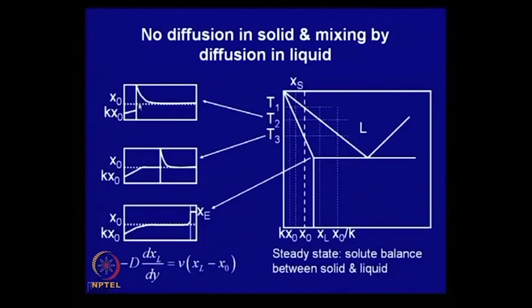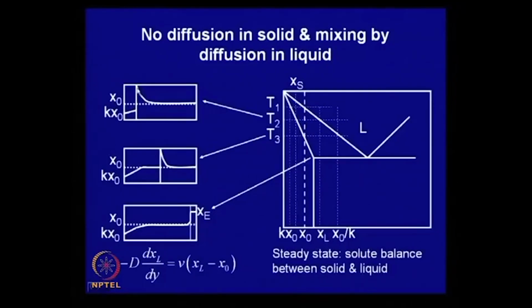So, the composition will build up over here, and let us say this has gone up somewhere here, and after a certain distance it becomes equal to x naught.